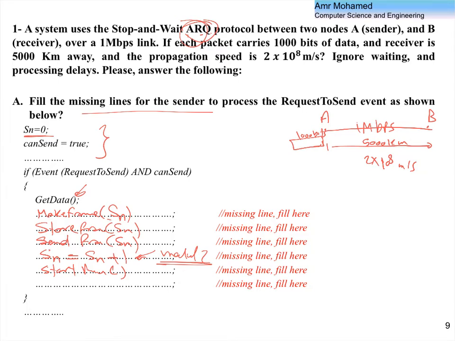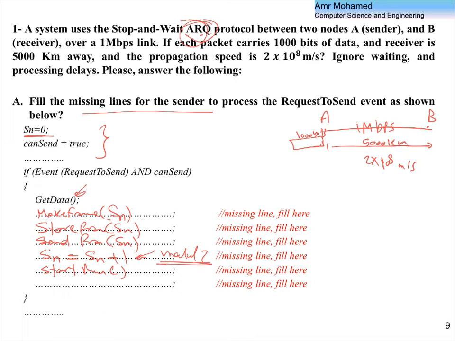For selective repeat is the only case where we needed to start a timer per frame. Otherwise, as we said, stop and wait is nothing but a special case of go back N when the window size is 1. So it's a window technique, but it's a special case where the window size is 1.